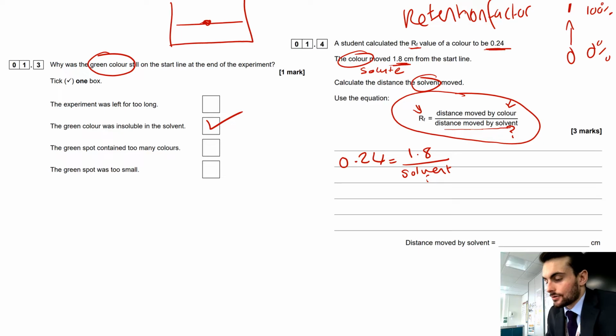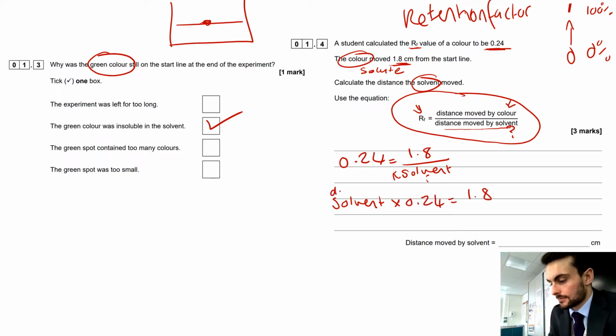You could do this in one step if you're good at algebra, I will do it in 2. So first off, I'm going to move that solvent over to the other side from underneath. What's the opposite of divided by the solvent? It's going to be times. So that means the solvent times 0.24 equals 1.8, right? Distance travelled by the solvent.